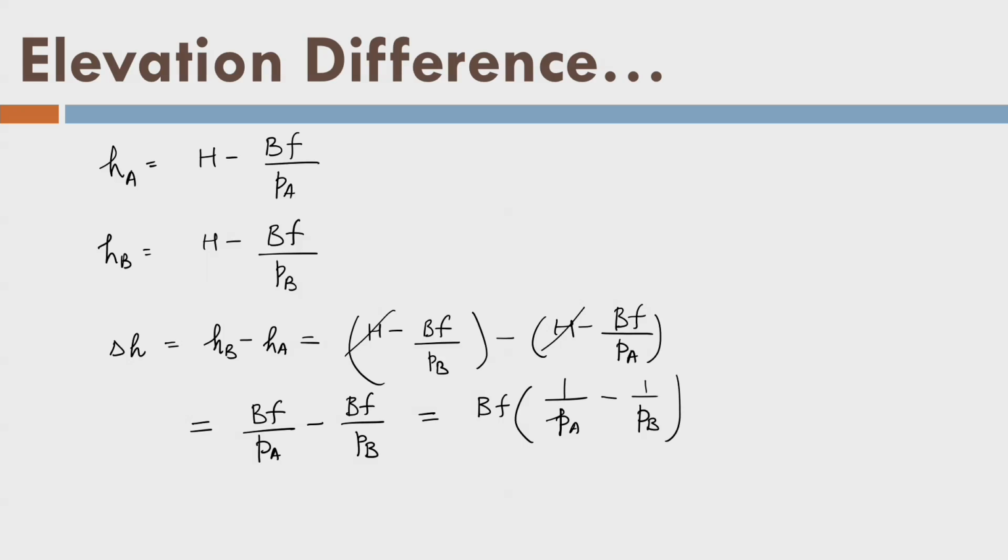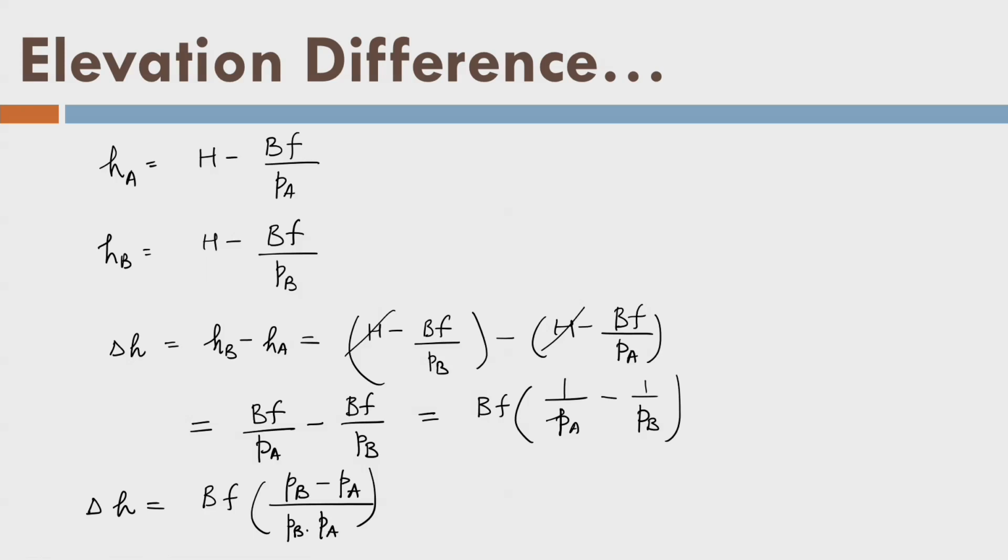So, you can do it yourself, try to practice with me. At least you will also have a command on the derivation. Fine. Now, what next? I can write delta H, if I do the simple mathematics again, as BF into PB minus PA divided by PB into PA, like this.